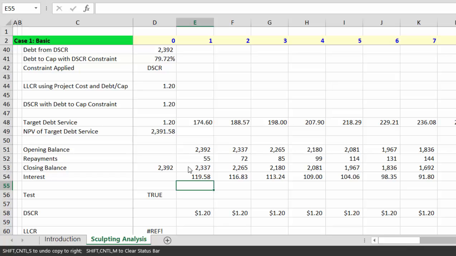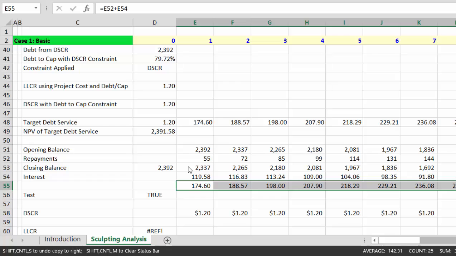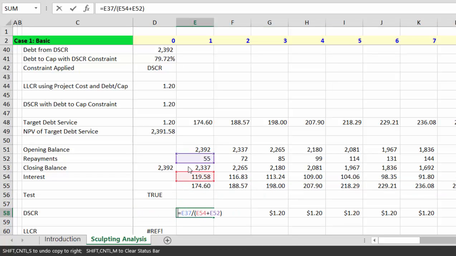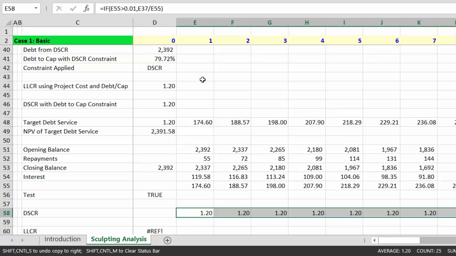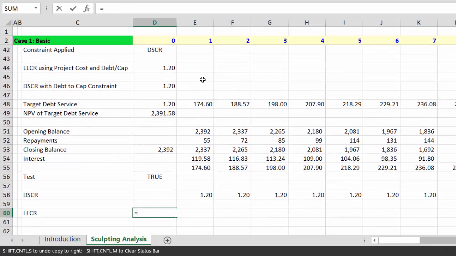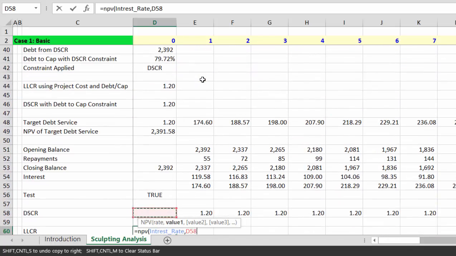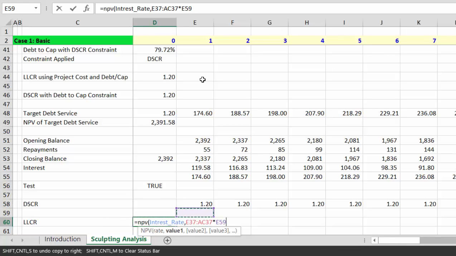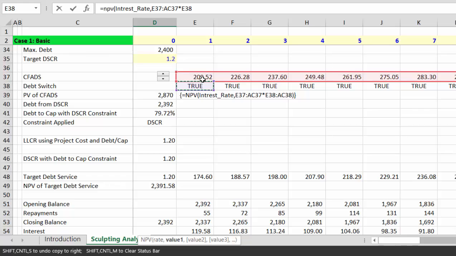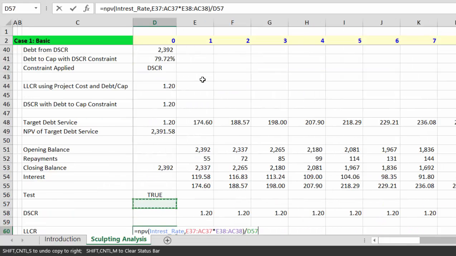Okay, and our debt service is total, and our DSCR is if the debt service is greater than 0.1, then let's take the CFADS, wherever that was, divided by the debt service, false, and our LLCR is the NPV at the interest rate of the target debt service, or the CFADS multiplied by the true and false divided by the debt that we have.